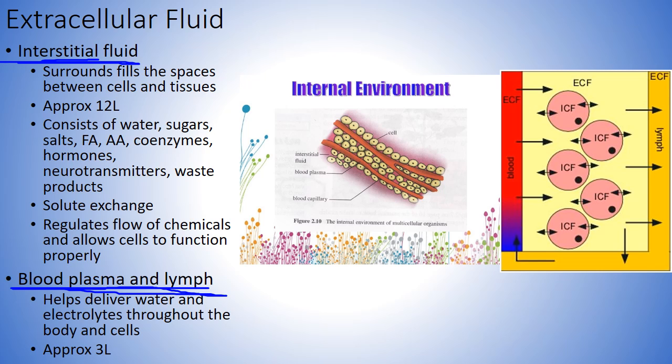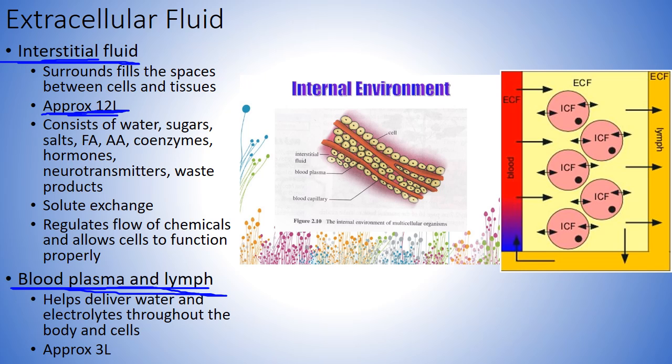Again, out of the 15 liters here, we see that it's approximately 12 liters. And what does this interstitial fluid consist of? Water, sugars, salts, fatty acids, amino acids, coenzymes, hormones, neurotransmitters, waste products from the cells. This is where we see solute exchange from inside the cell to outside of the cell.